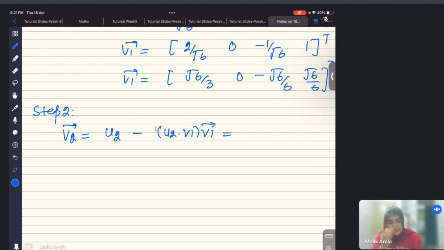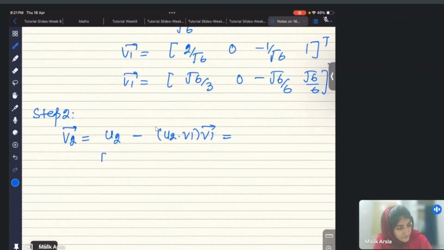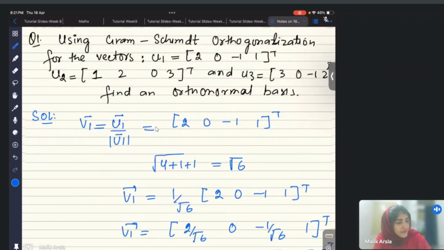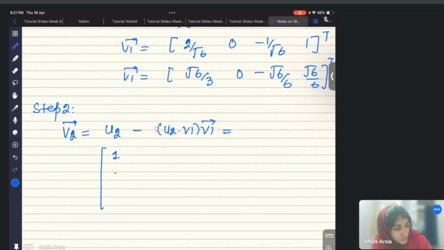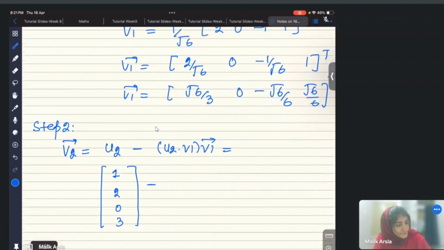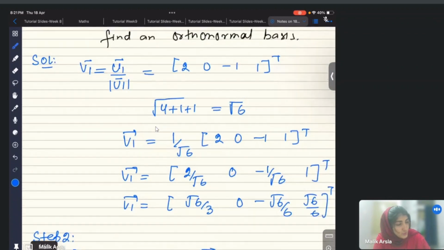If you simplify it, our u2 vector here we have been given as 1, 2, 0, 3. Minus u2 dot v1.